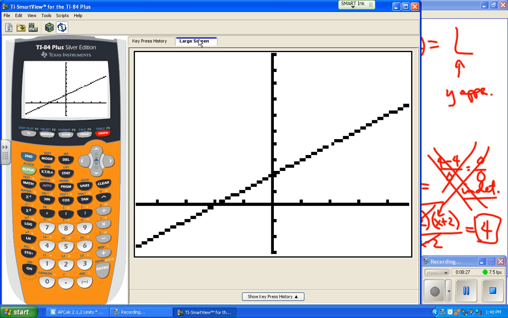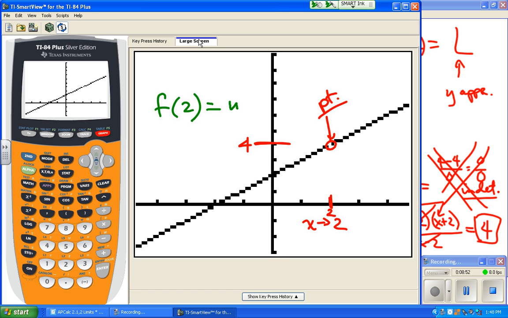The interesting part about this, remember what we said, was as x approaches 2. Well, this is 2. Here's the y value 4, and notice that point's missing. We've seen this back in chapter 1 in the pre-calc book. That point is a point discontinuity. It's missing. Now this problem does not say f of 2.